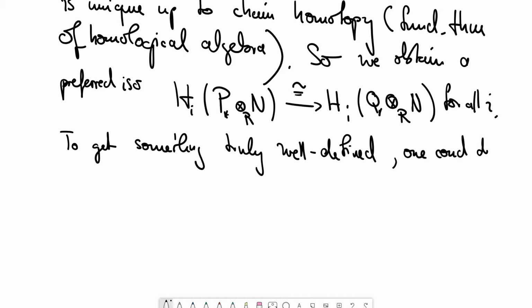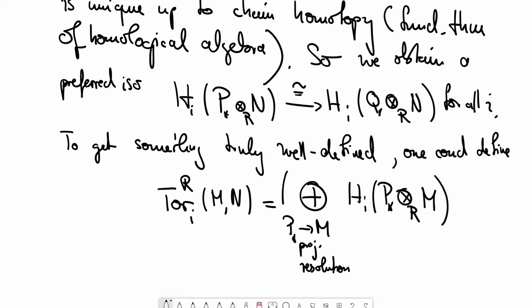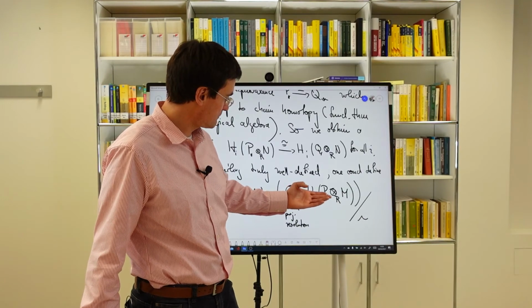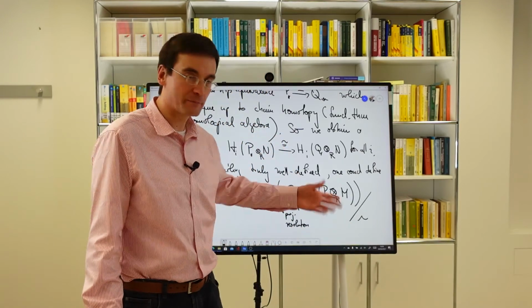One could define the Tor of M and N as the sum over all projective resolutions of H_i(P_* tensor N), divided out by the equivalence relation that identifies two such homology groups via this preferred isomorphism.